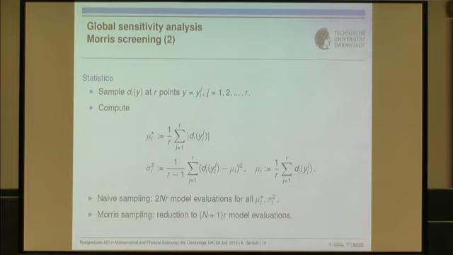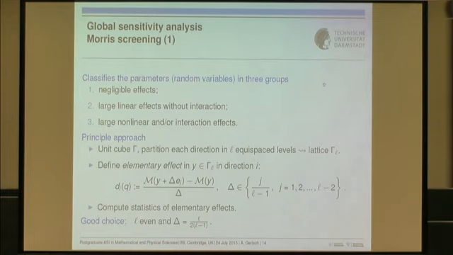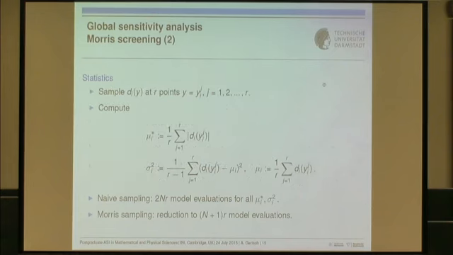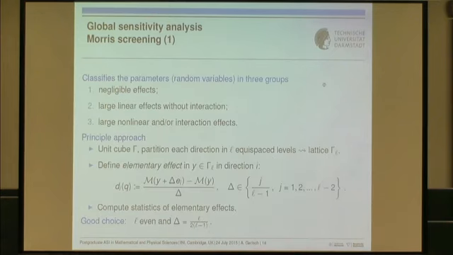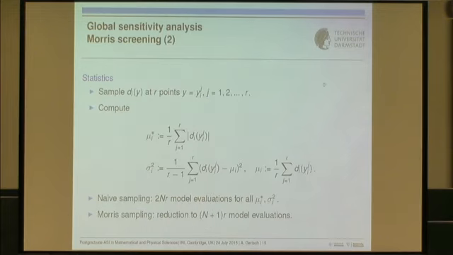If the variance is small, then my d's are all close to the mean value. This means wherever I am in parameter space, this difference is always the same. But this means you have a linear dependence of your model M on the ith parameter, and therefore we are in the second case. We have large linear effects without interaction, and if sigma_i squared is large, then we have strong nonlinear effects.